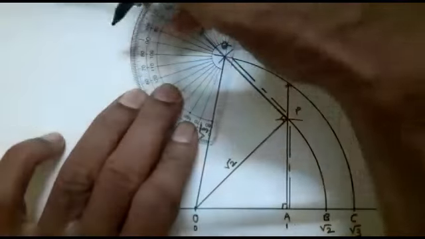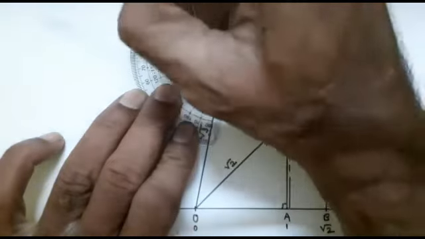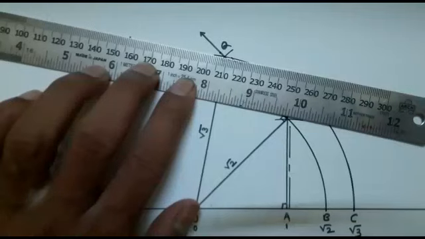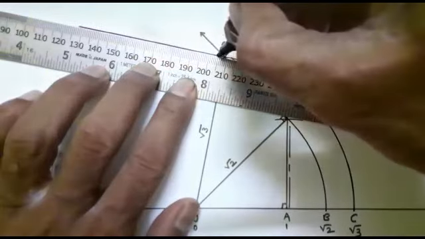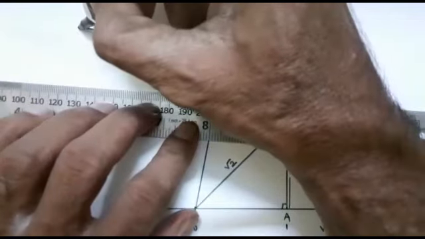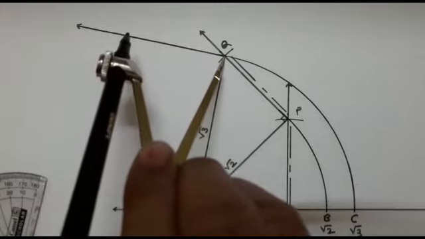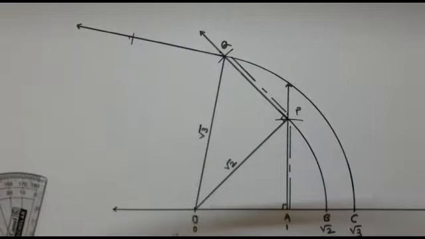Now draw the perpendicular at point Q, make the 90-degree angle here. Join this, draw the perpendicular at point Q. Take 1 unit distance between the two terminals of the compass and mark the 1 unit distance from Q on the new perpendicular.